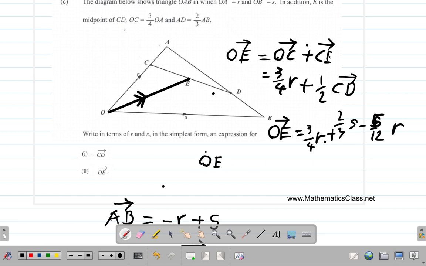OE is equal to OC, which is 3/4 R, plus CE.